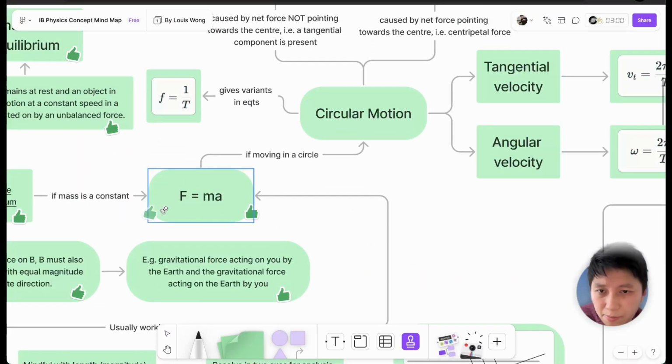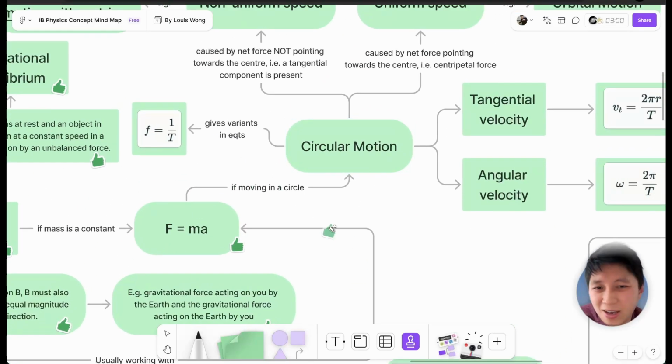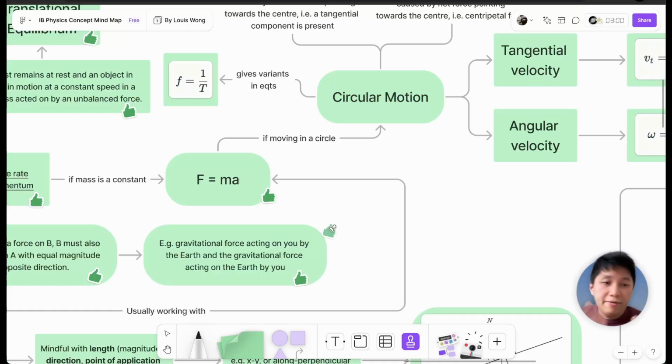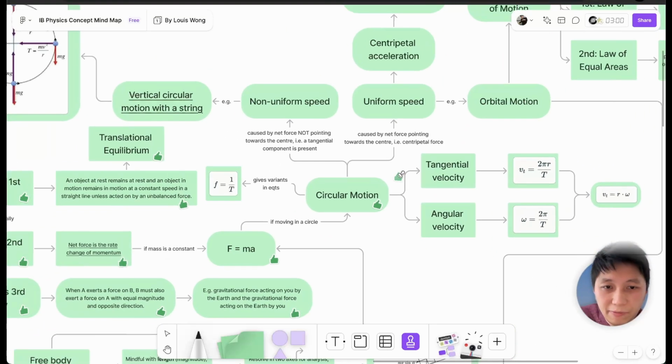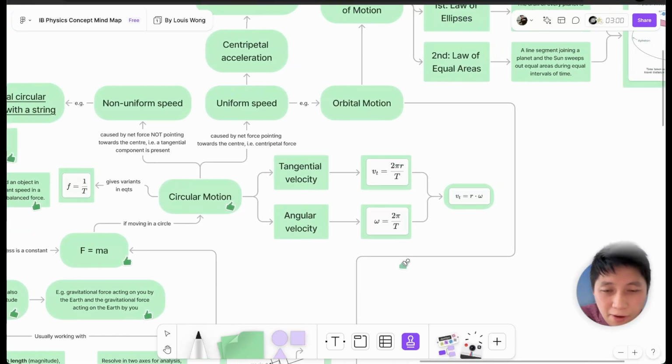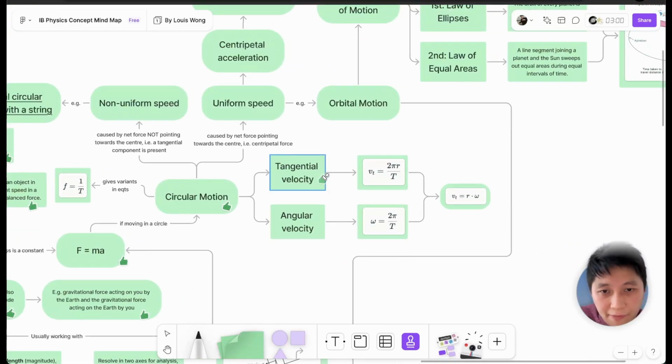Coming back to F equals ma, normally you are probably doing things in translation, or in a straight line, so horizontal, vertical. But if it is moving in a circle, then we have learned a system to deal with that. First of all, by definition, we now have two velocities.